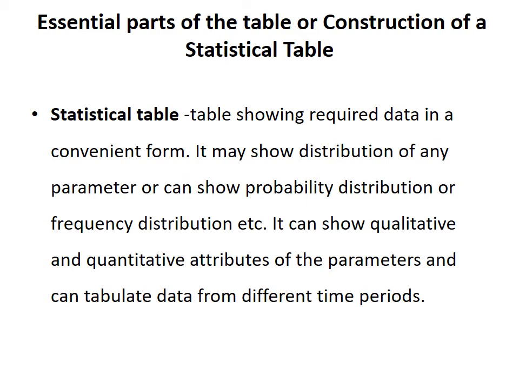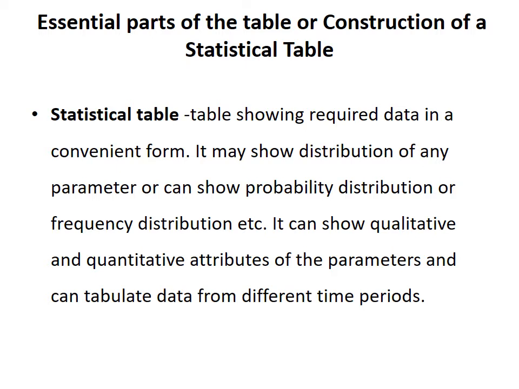Next, what are the essential parts of the table, or the construction of a statistical table? A statistical table is a table showing required data in a convenient form. That is, the data collected should be presented in a proper manner and should be useful and convenient to the researcher.